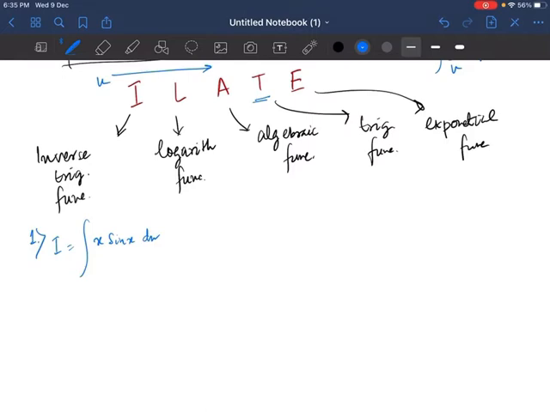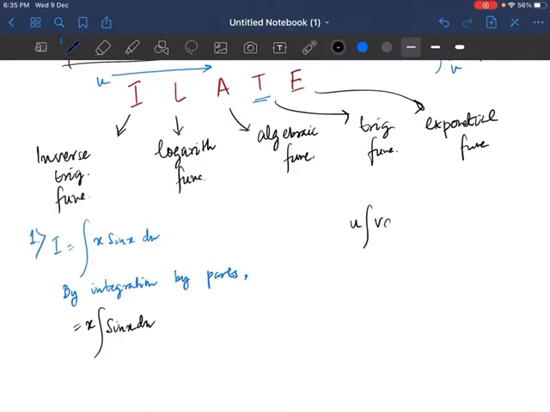So I will write here by integration by parts. So what we do? So here we will do how we integrate this one. So first x comes out because this is our u. So u integration of sin x dx. So what was the formula?